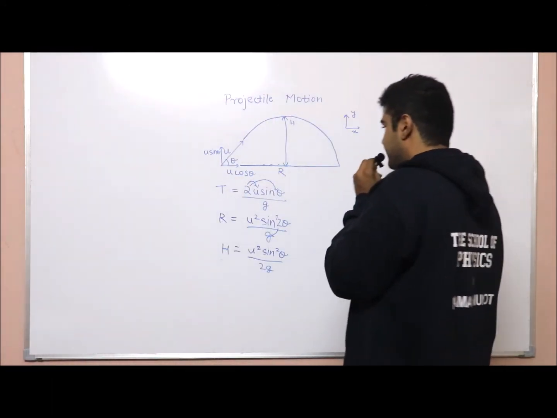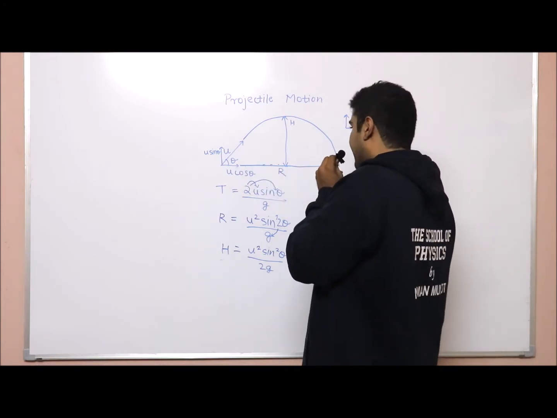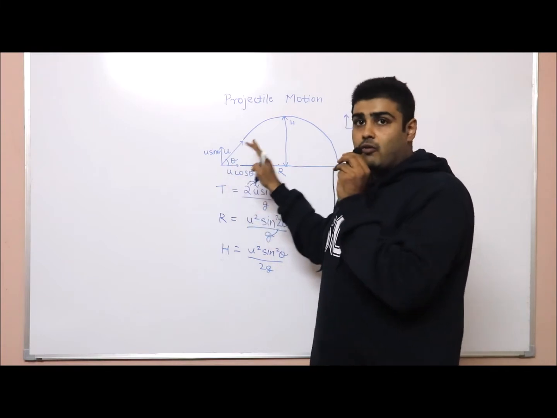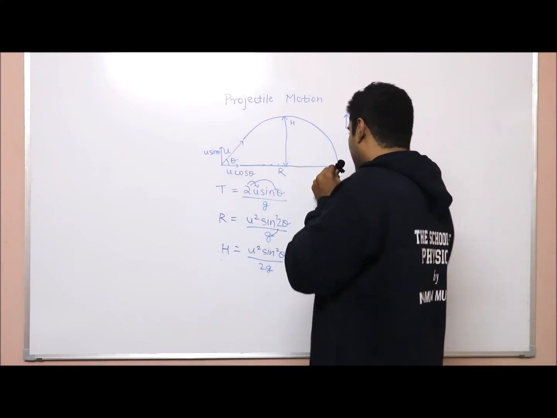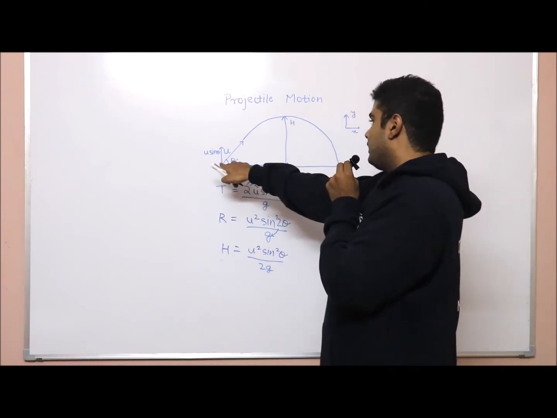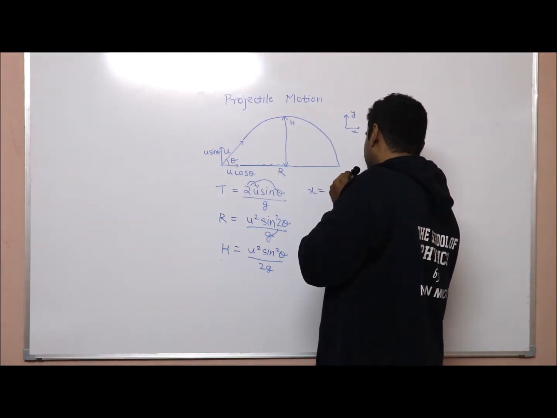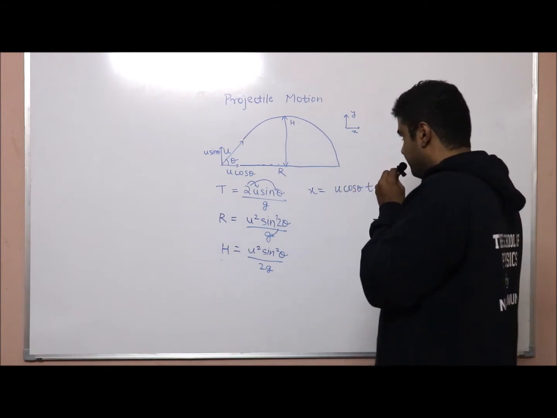Now at any time t, what is the distance that is covered in the x direction? At any time t, the distance covered in the x direction is u cos theta into t, that is velocity in the x direction into time t.